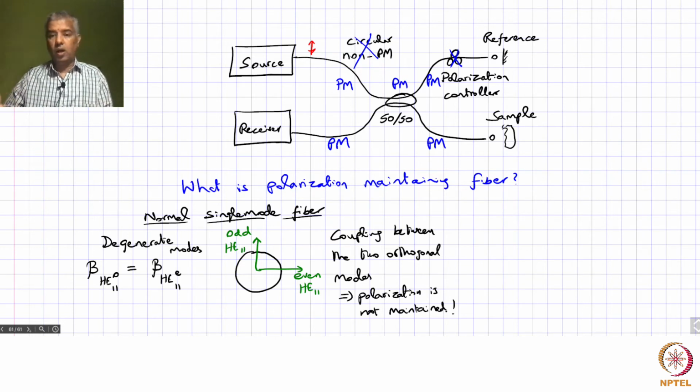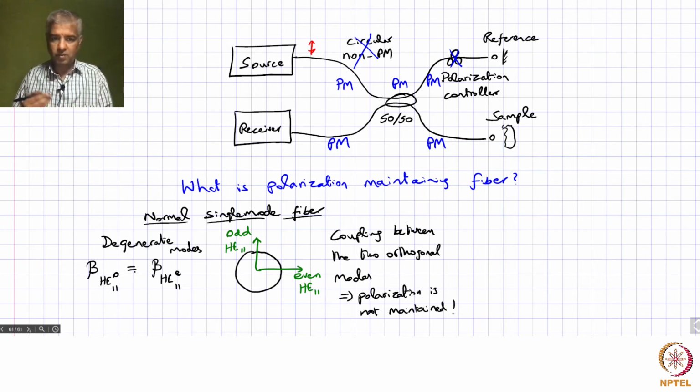So how do you get around this problem? How do you make a polarization maintaining fiber? Well, the answer lies right here. If you break the degeneracy between the two orthogonal modes, then you can reduce the coupling between them.